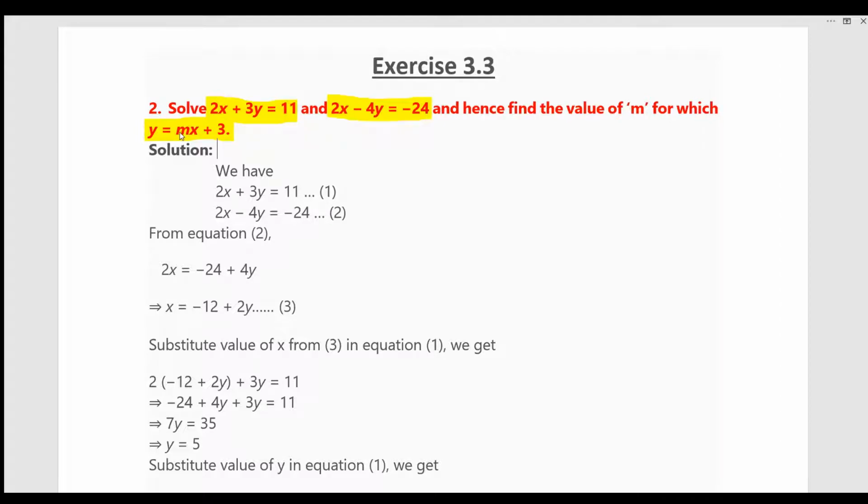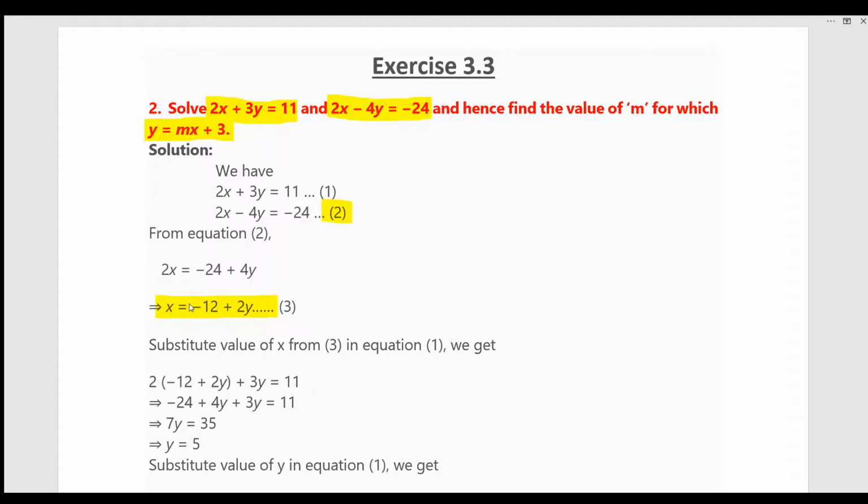So now let's start solving this sum. First equation is 2x + 3y = 11. Second equation is 2x − 4y = −24. Now from the second equation, we get x = −12 + 2y.